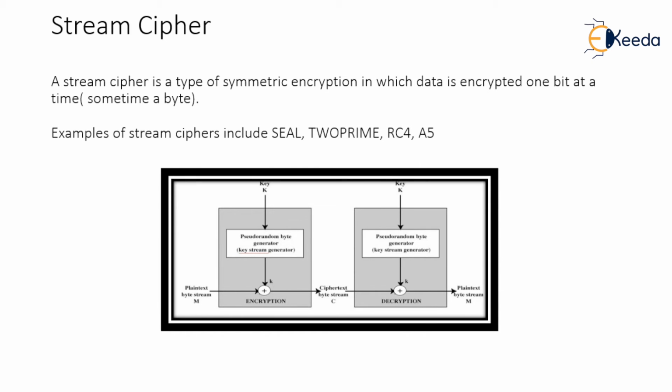What is a stream cipher? A stream cipher is a type of symmetric encryption in which data is encrypted one bit at a time, sometimes a byte also.